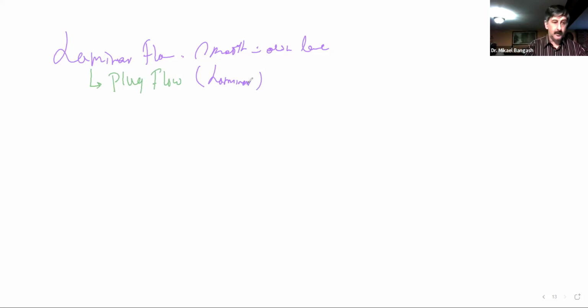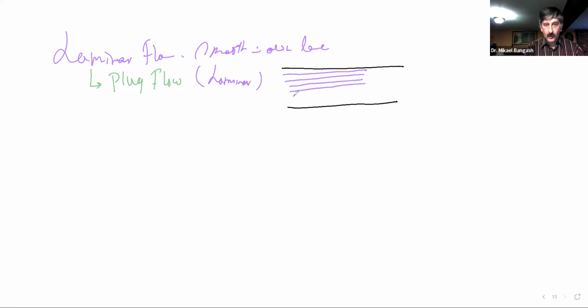Now, why do we call it a plug flow? What we mainly say here is that, of course, it's going to be laminar, so blood flows smoothly or stays in its own lane. Is that clear? That's what makes it laminar.